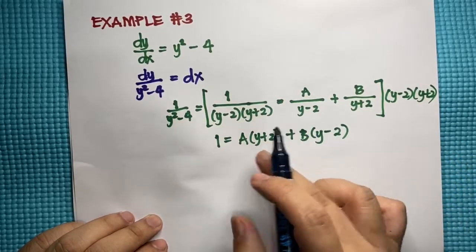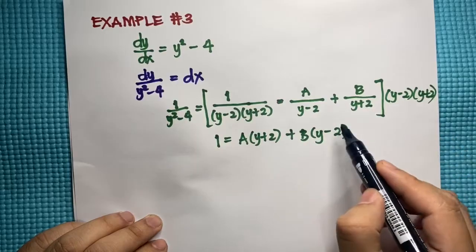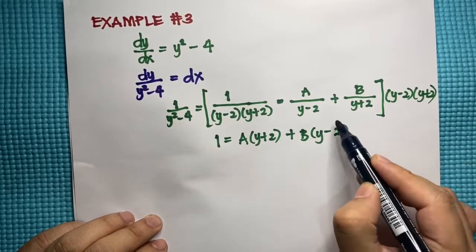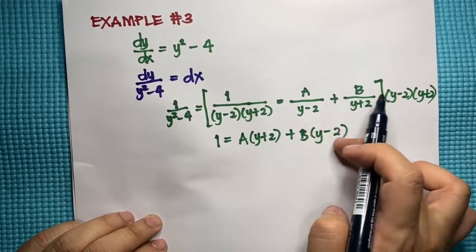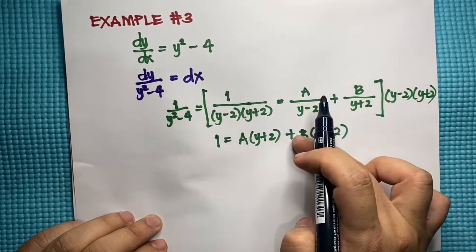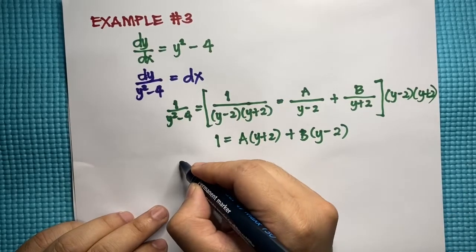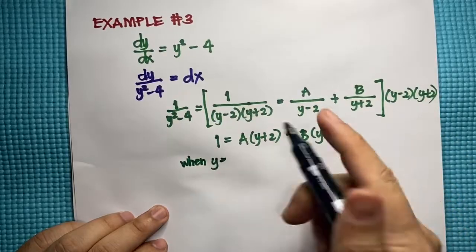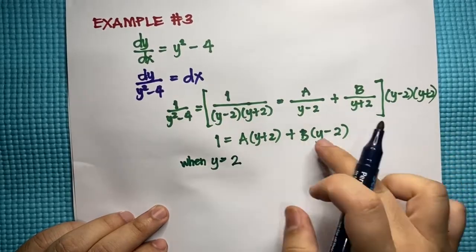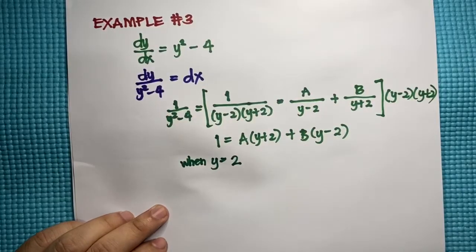Our objective here is to eliminate B, so we need a constant that will become 0. Once we multiply 0 with B, that would cancel out. And that is when y is equal to 2, 2 minus 2 is 0, eliminating the value of B.